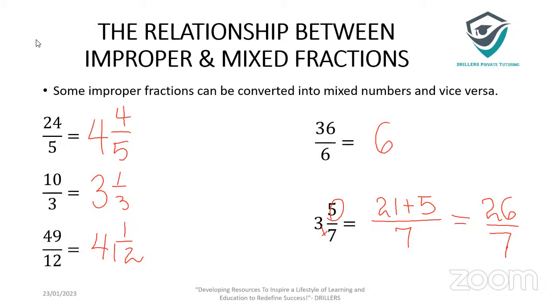So 3 times 7 is 21, plus 5 is 26. I'm going to put that over our denominator, which is 7. So 3 and 5 sevenths works out to be 26 over 7 if we're converting it to an improper fraction.